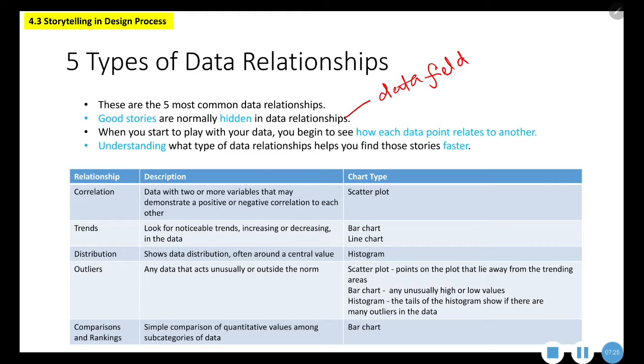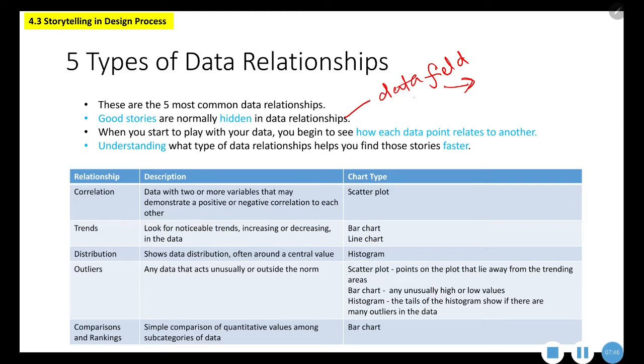In order to come up with an analysis, you have to observe your data fields and come up with some objective or investigation that you want to do. So you have to understand their relationships.